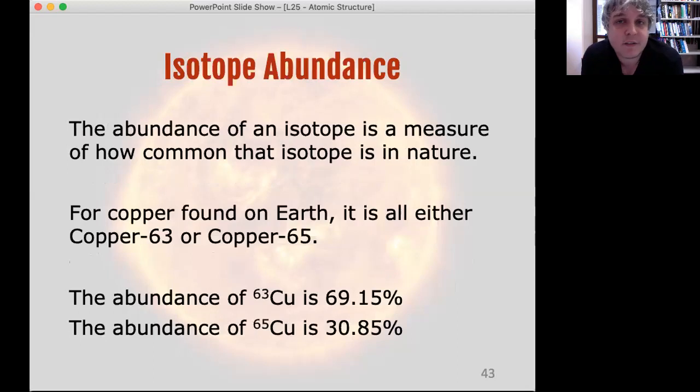The abundance of copper-63 is 69.15%, and the abundance of copper-65 is 30.85%. You'll notice, obviously, they total to 100%. So if you take any lump of naturally occurring copper, then you know that 69.15% of it is going to be copper-63 and 30.85% of it is going to be copper-65.